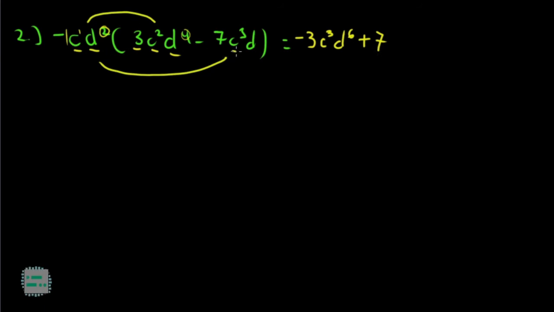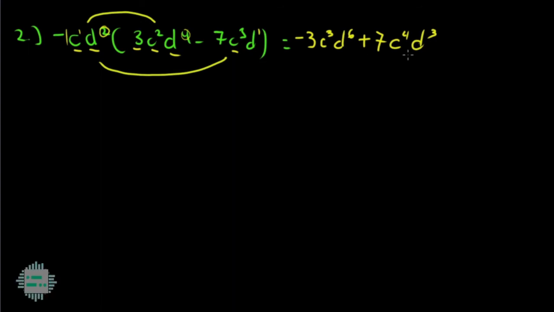C multiplied by C cubed. Kopyahin mo lang, pero exponents dapat i-add. So, this is 1 plus 3. That's C raised to 4. And then, dun sa variable D naman, kopyahin ulit dahil pareho silang may D. Add lang yung exponents ulit. 2 plus 1, D ay raised to 3. So, this is D cubed. So, now we have negative 3c cubed d raised to 6 plus 7c raised to 4 d cubed.